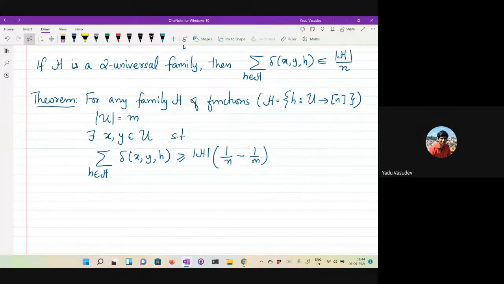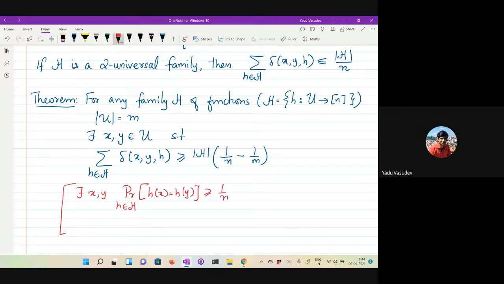In other words, there exist x and y such that if you randomly sample a function h from the family, the probability that h(x) equals h(y) is at least 1/n minus 1/m, where m is the cardinality of the universe. Since you're working with hashing, you know that the cardinality of U is much larger than the table into which you're going to store this.